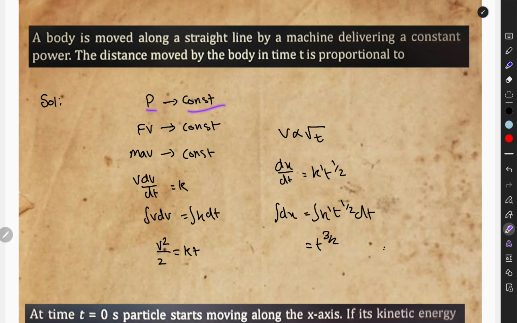When power is given constant, Fv will be constant, because power is equal to Fv. So F is equal to ma, so mav is also constant.